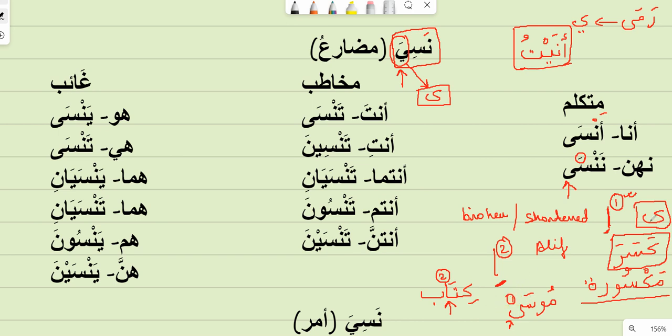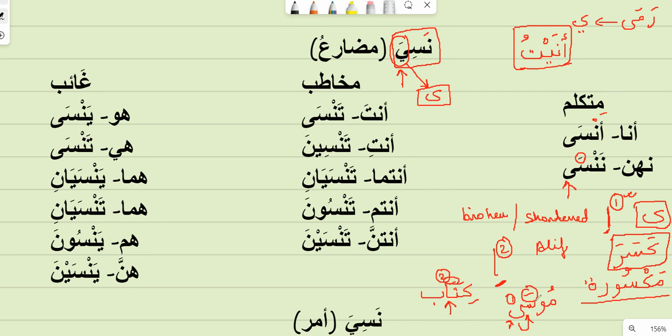But originally it is alif, but it is in the shape of dotless ya. And whenever the alif long vowel or the alif maksura, the broken alif or the shortened alif comes, know that the previous letter will have a fatha.